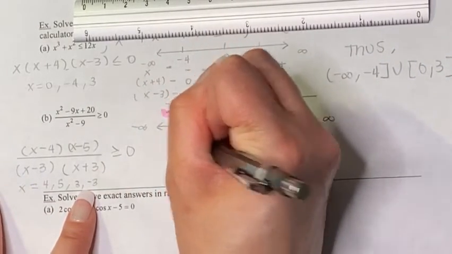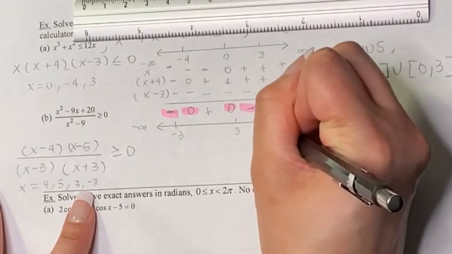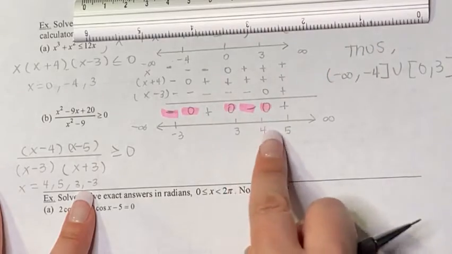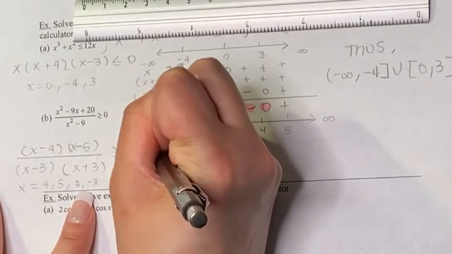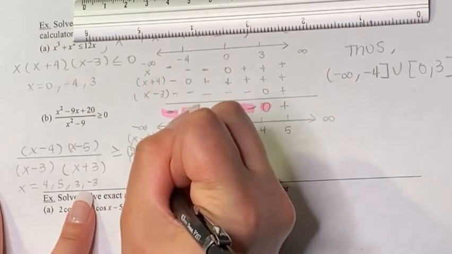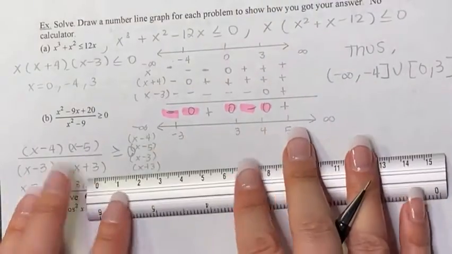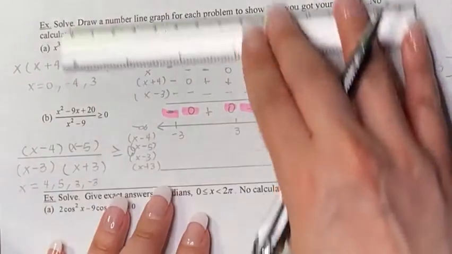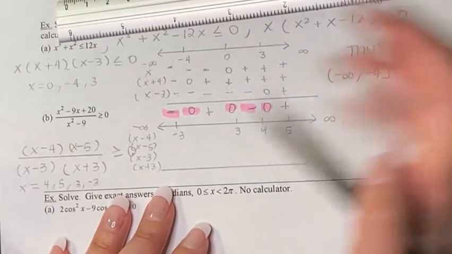Then we have 3, 4, 5, and please note that it's not scaled because I need some space here to do all the work, right? So you have x minus 4, then x minus 5 over here, then x minus 3 and x plus 3. You can already do your line here if you want to, to compute the space there. Okay, so let's start.